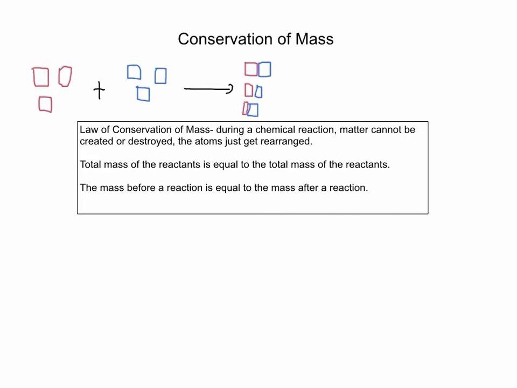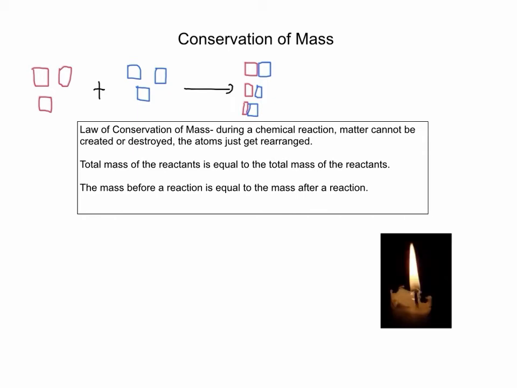And this law is really, really important when we start looking at chemical reactions. So let's look at a reaction that you're probably familiar with, burning a candle. And let's look at the chemical reaction here. So we have wax, which is C20H42, and that's actually turned into a gas before it's burned.